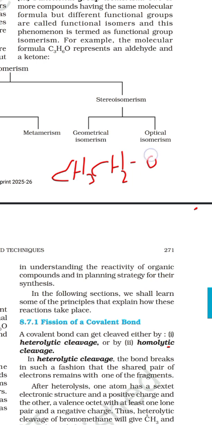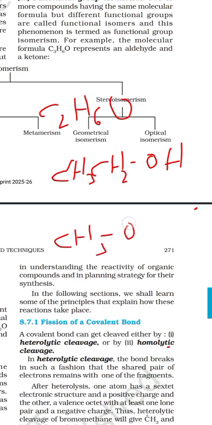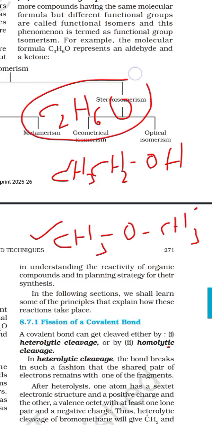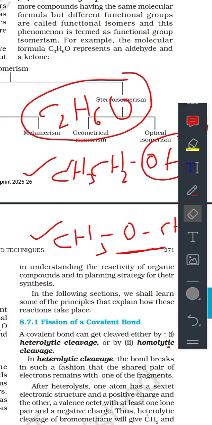Its molecular formula is C2H6O, and dimethyl ether, CH3OCH3, also has C2H6O. This one has the alcohol functional group, and this one has the ether functional group. So both are functional group isomers. Alcohols and ethers are functional group isomers, and aldehydes and ketones are functional group isomers. That is functional group isomerism.